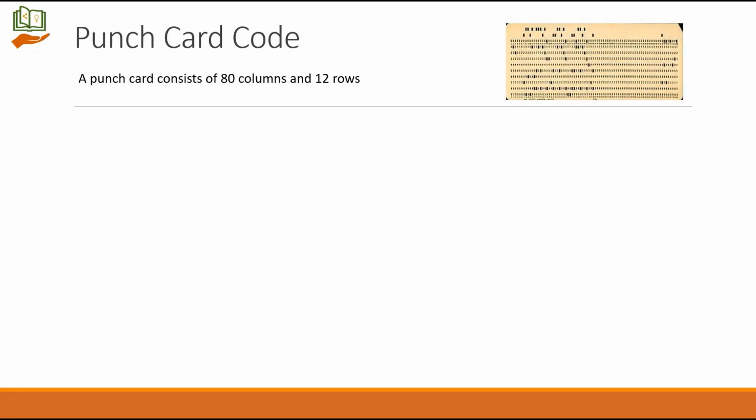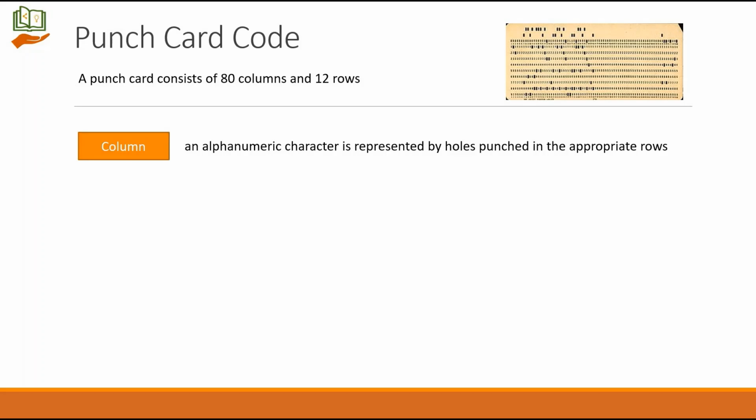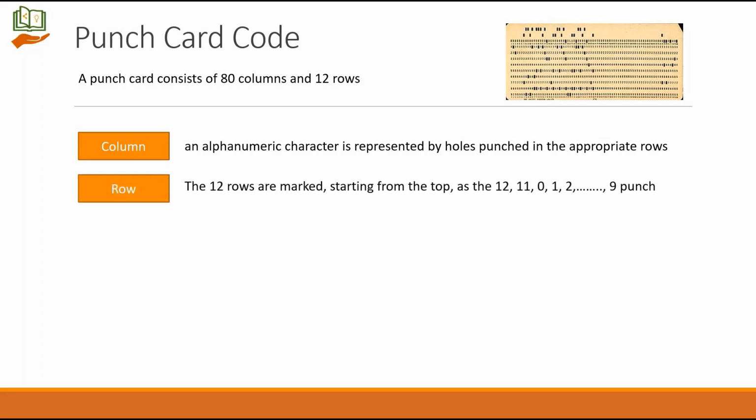There is another code called punch card code. This card consists of 80 columns and 12 rows. You can have a look at the punched card that I got from the web. In the column we have an alphanumeric character that is represented by holes punched in the appropriate rows. Regarding the rows, the 12 rows are marked starting from the top as 12, 11, 0 to 9 punch.